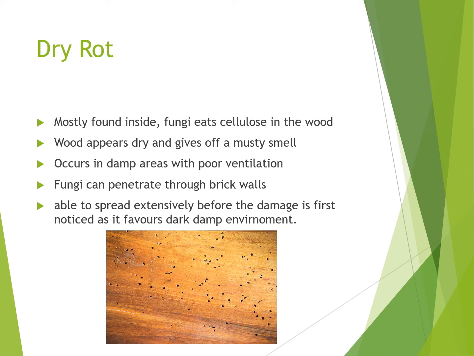The small little holes on the surface of timber will be a dead giveaway that you've got some dry rot in your building. If you have dry rot in your building, or if you bring a piece of wood that has dry rot into a room with lots of wood, that is when it has the potential to spread. And if it spreads, and we're going to talk about how we treat that later, you'll have to get rid of everything and burn it.